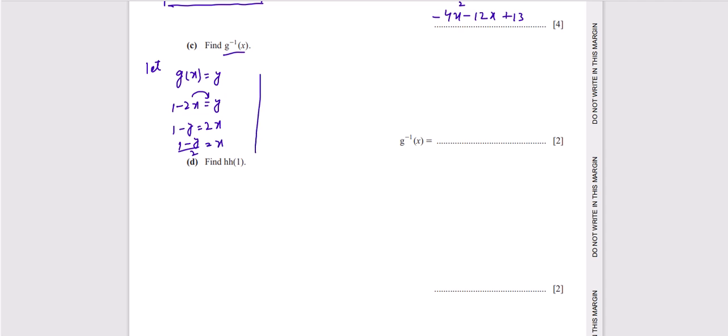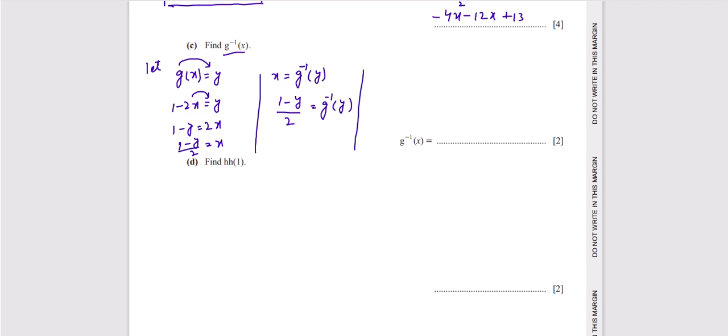Now we know that g of x is equal to y. If g is shifted to the other side, it becomes x equal to g inverse of y. Put here 1 minus y divided by 2 is equal to g inverse of y.